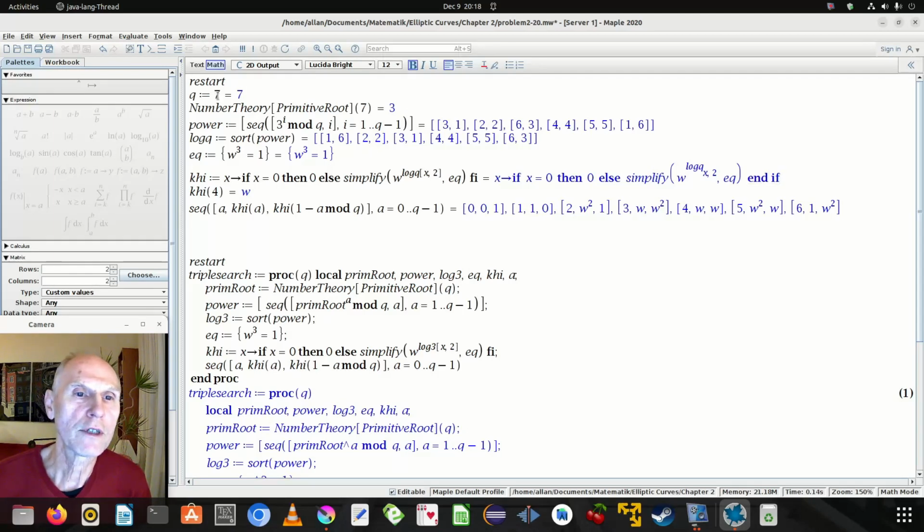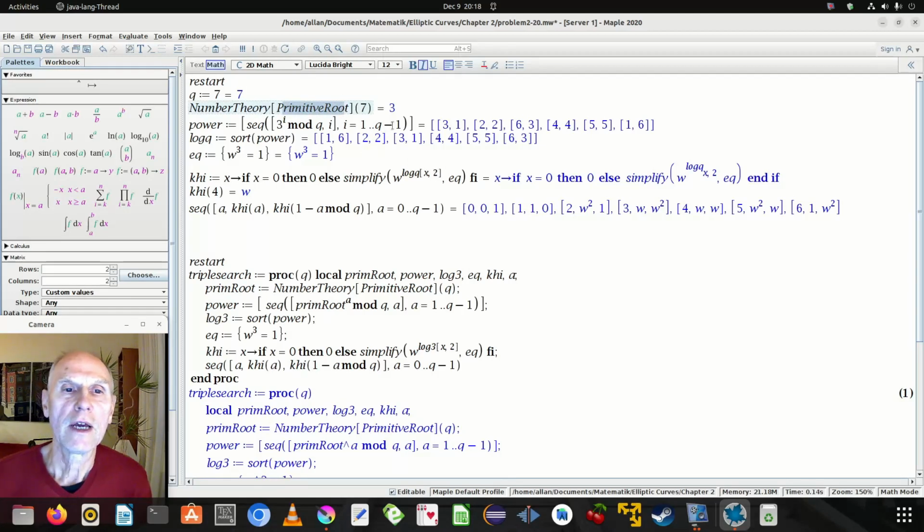I took q equals 7, and first we needed to find out the primitive character. So we take a primitive root, that's a generator of the multiplicative group, and make the exponential map, so that when we sort it, we get a table of the log, that should have been log base 3 of course, in F7.